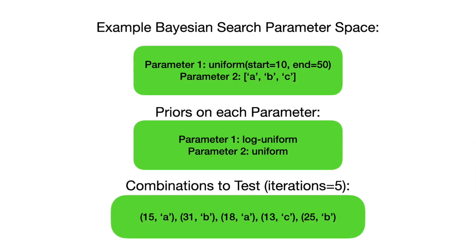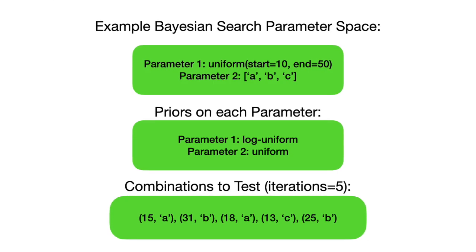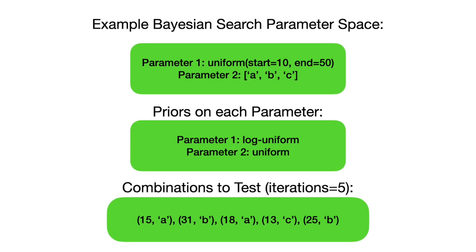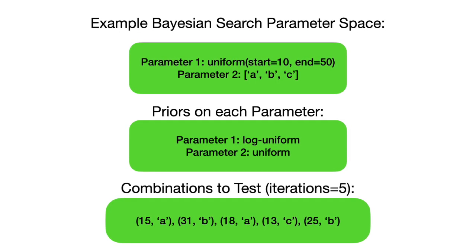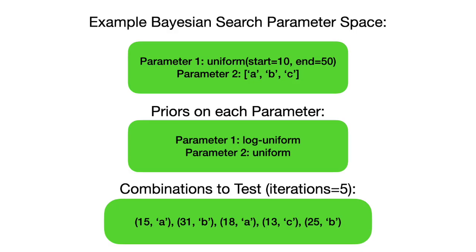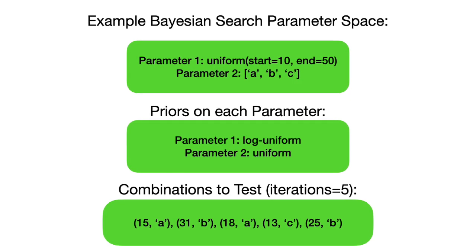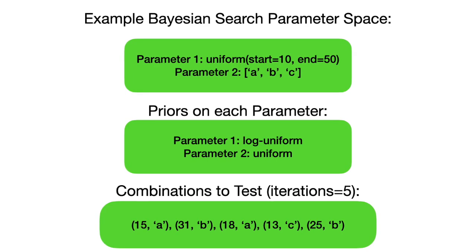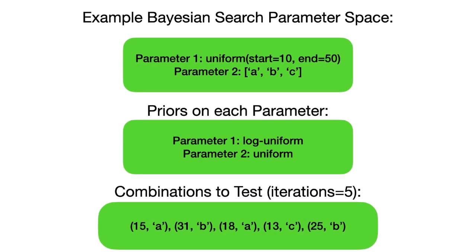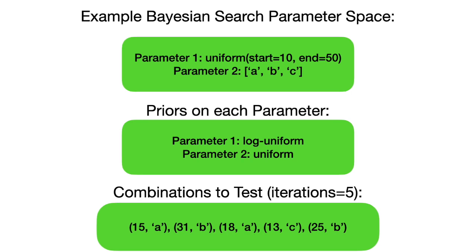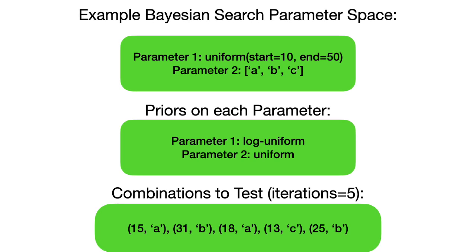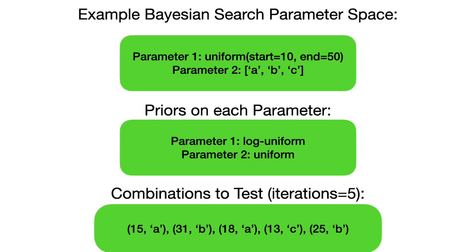In this case, though, Bayesian search also makes use of priors on each hyperparameter. So we can encode in the prior some knowledge, some intuition that we may have about what the hyperparameters should be. Hopefully if we make guesses that are fairly correct or intuitive, that may speed along the hyperparameter tuning process.